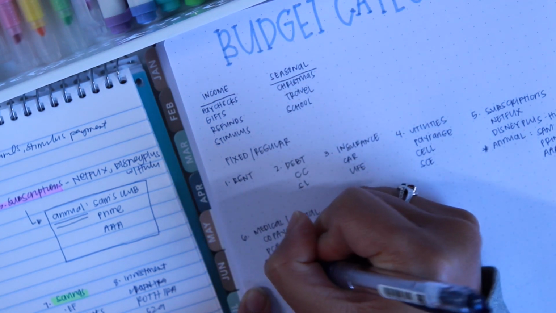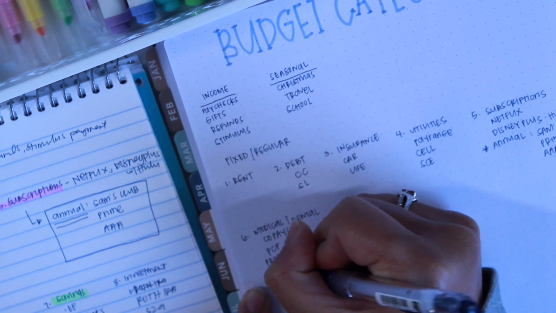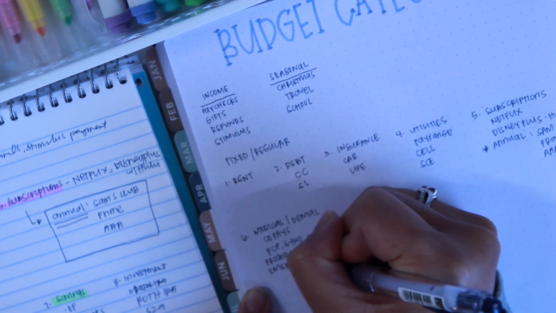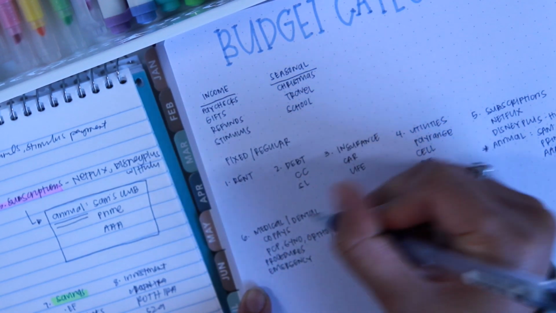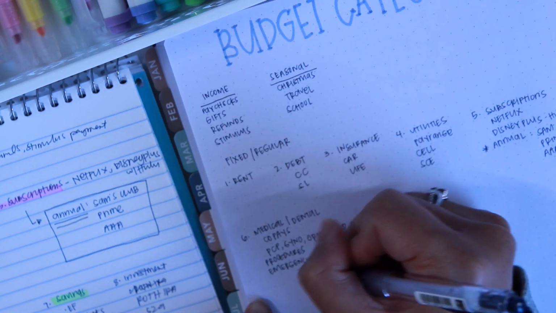And these are all for any procedures that we have and emergency visits, because those are not covered by our insurance. I actually do have a savings bucket for medical and dental in case any of these come up.